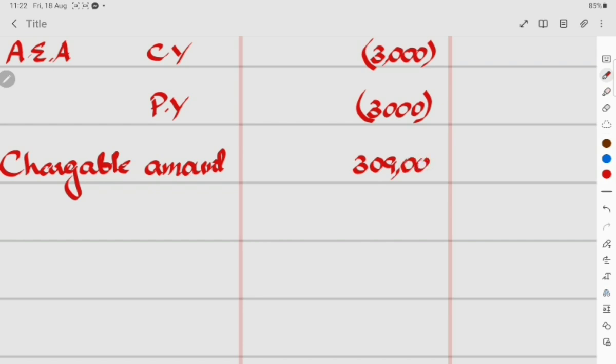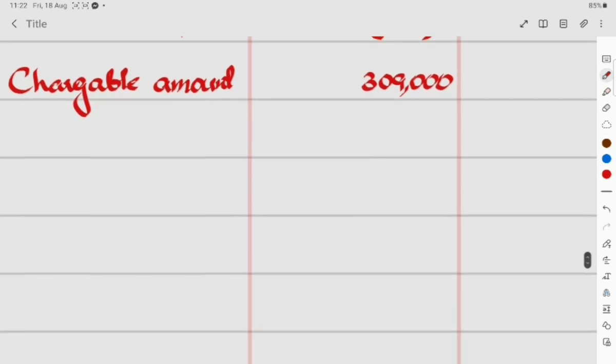A very important question, because you have to consider the application of nil rate band in this question. This is the most important thing. As it is a chargeable lifetime transfer, we have to apply the nil rate band. Nil rate band is 3,25,000. Nil rate band used in previous years, previous 7 years.